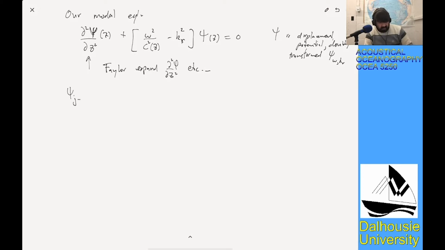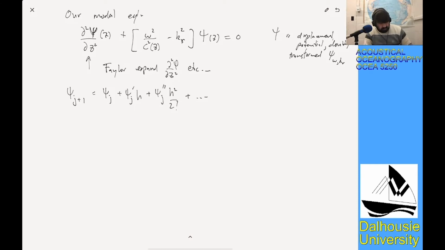Now we're talking about discrete steps here, where h is a small step in z. So we write the Taylor expansion down, plus dot dot dot, and the primes here indicate derivatives. And the trick here is just to drop the higher order terms and rearrange.